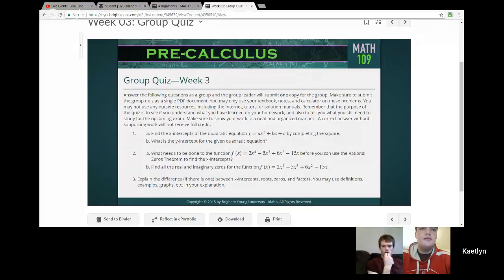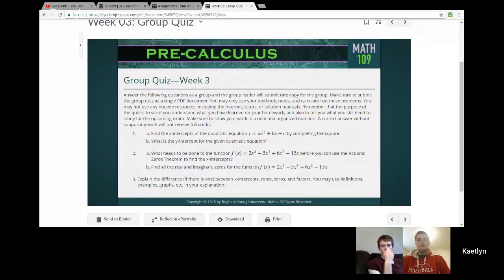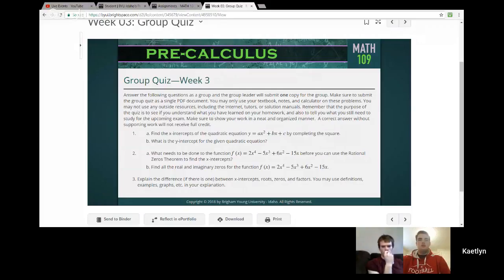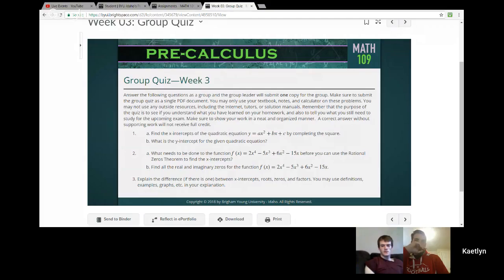The x-intercept would be what? For the equation a(x minus h) squared plus k. The x-intercept? So we have the x-intercepts. We're plugging in 0 for x. X-intercepts? Y needs to equal 0.